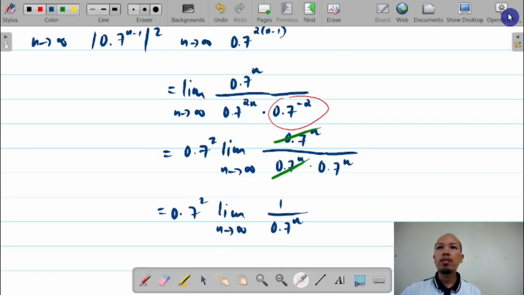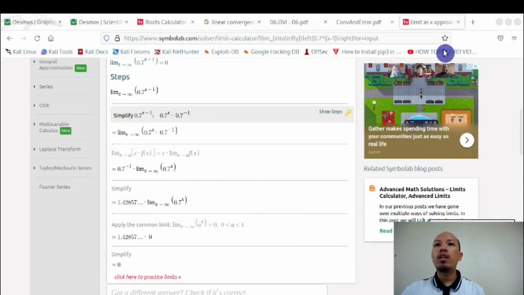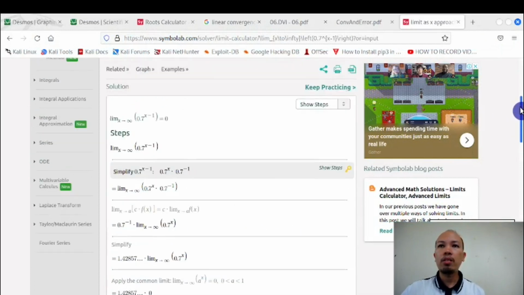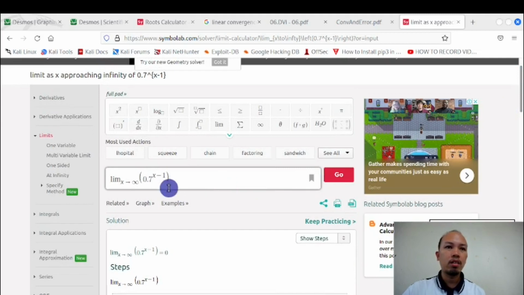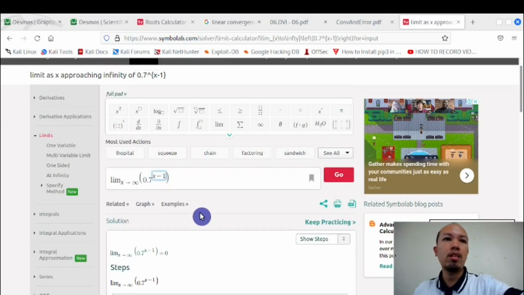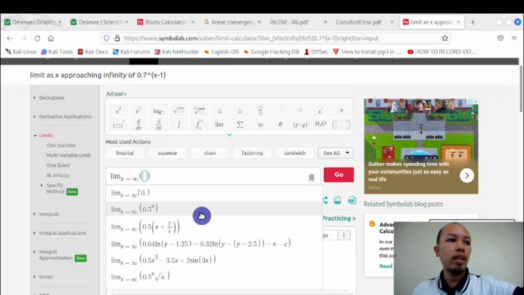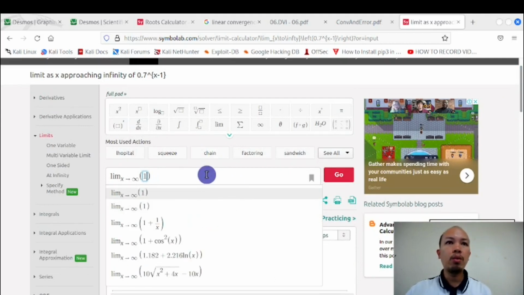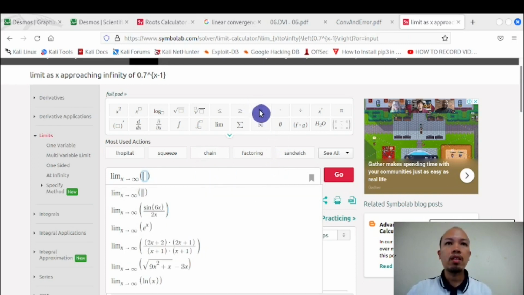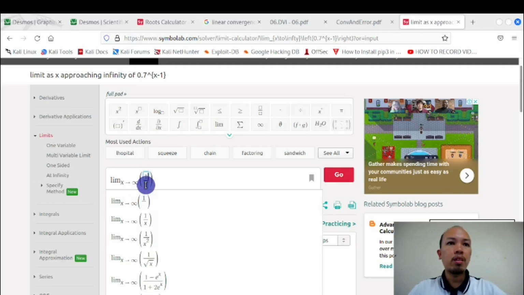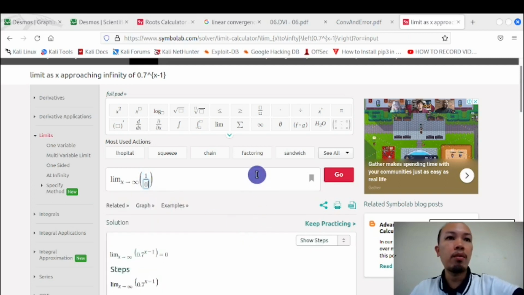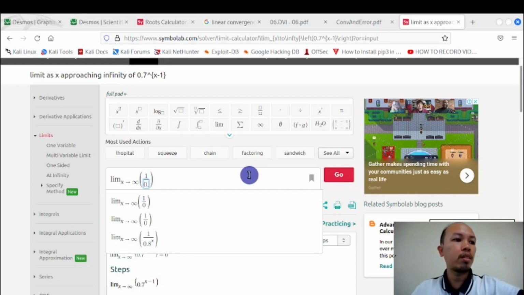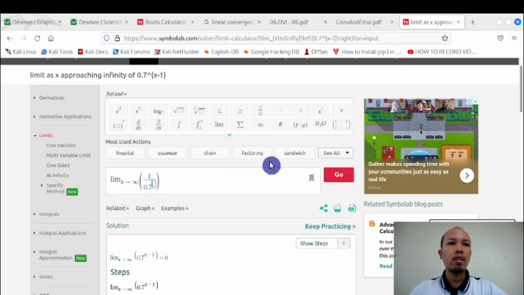Okay, so let's try our online calculator, and let's try this one, 1 over 0.7 to the x, sorry, to the x.